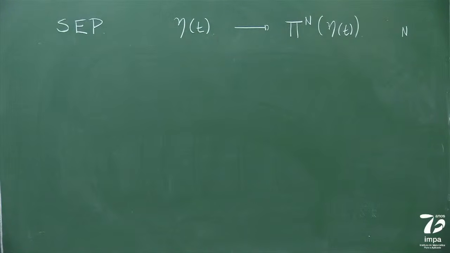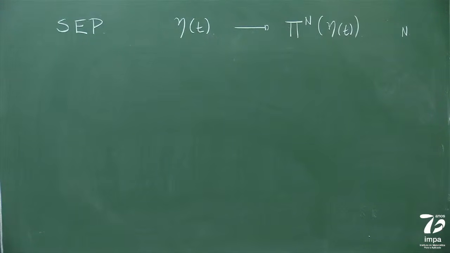Okay, if I give you a configuration, you can construct the measures just putting this mass 1 over n at each site where there is a particle. And if I give you a measure which places masses 1 over n at a certain number of points of lambda n, you can reconstruct the configuration.